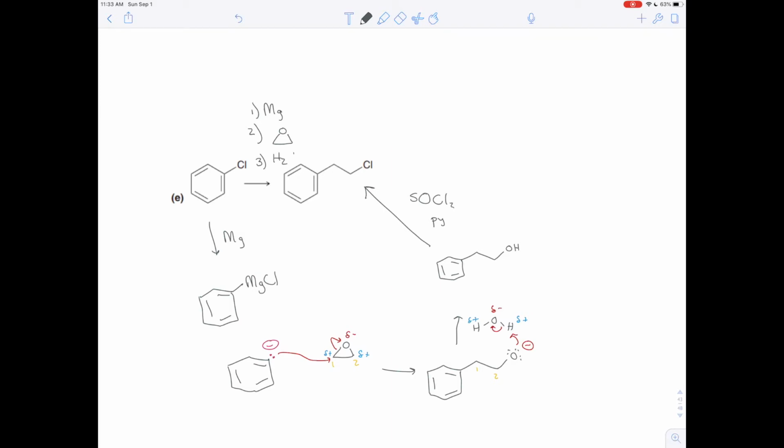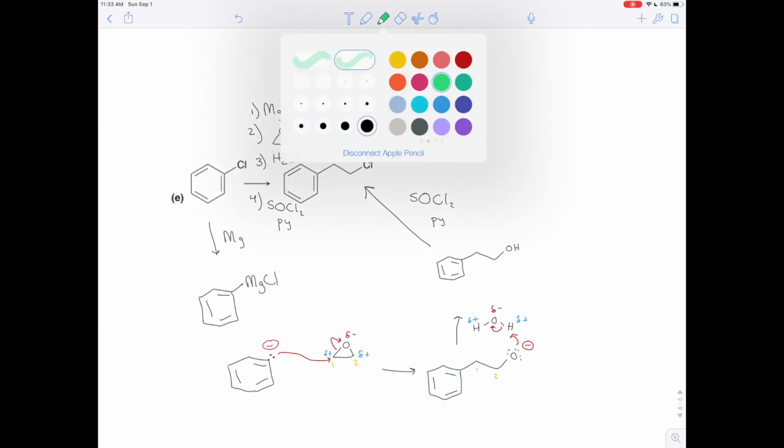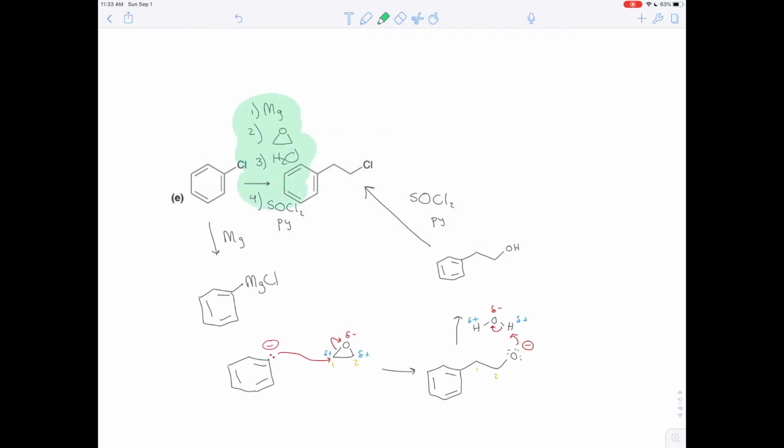We added some water to get rid of the negative charge on the oxygen. And last but not least, to replace the alcohol with the chlorine, we added thionyl chloride, SOCl2, and pyridine. And so these here would be the answer for this reaction.